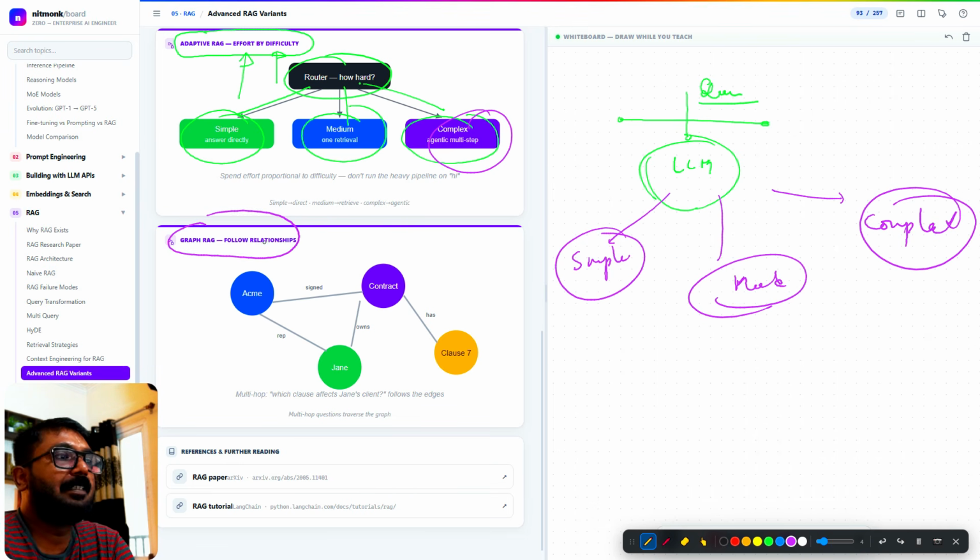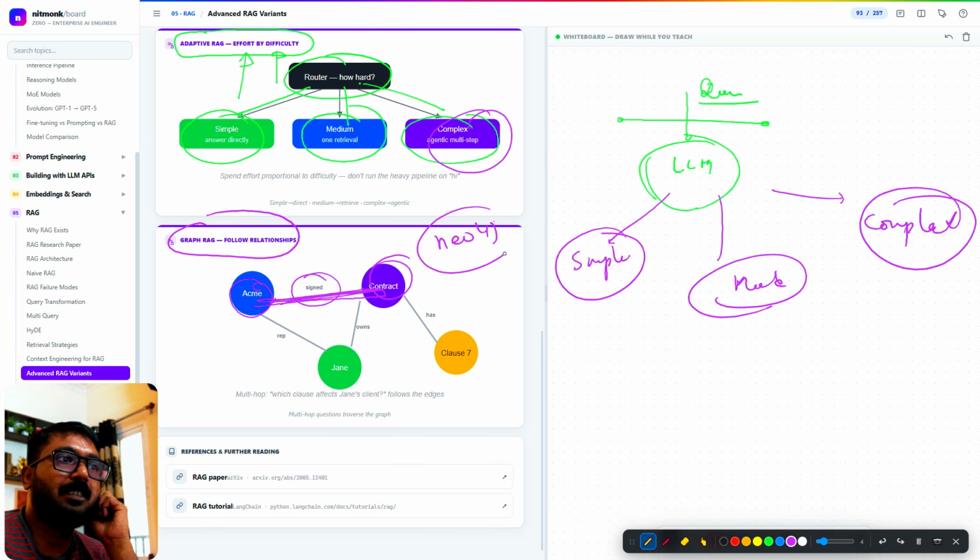There is graph RAG, for relationships. It's about entity relationships: company, person, people, department. So Acme signed a contract, and you can see these are the edges where we tell exactly how they are connected with each other. Neo4j is one of the leading players trying to build this kind of graph, because they are a graph database. So this is how they are building it.